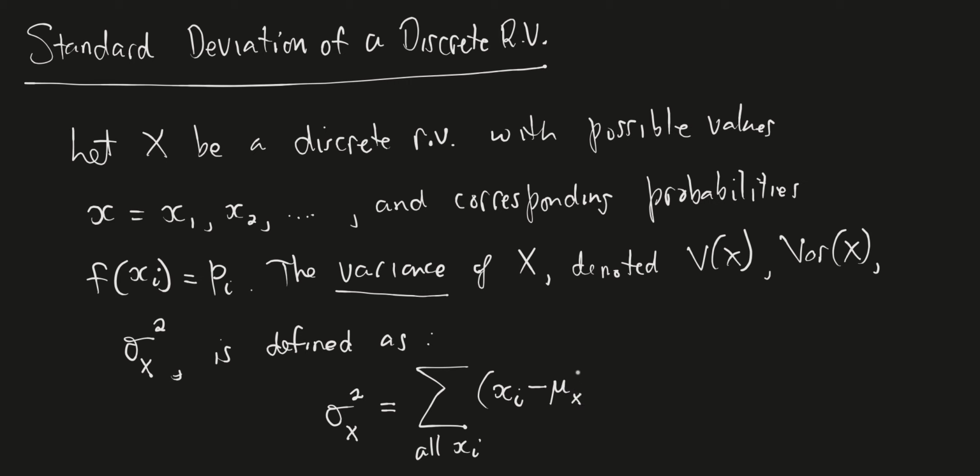And then we square those differences, and then next we multiply each squared difference by the associated probability of that particular x value, and then sum all these products up, right? So that is our variance. This is how the variance is defined, right?